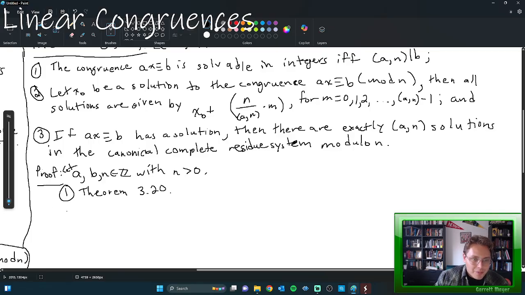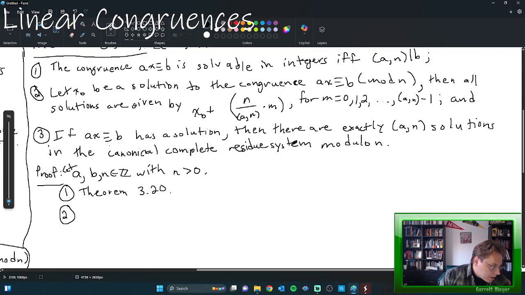That's the proof for step one, because it's literally the same thing. The congruence is solvable in integers if and only if GCD of a and n divides b. This theorem is just writing out everything in one large theorem that we can reference later.